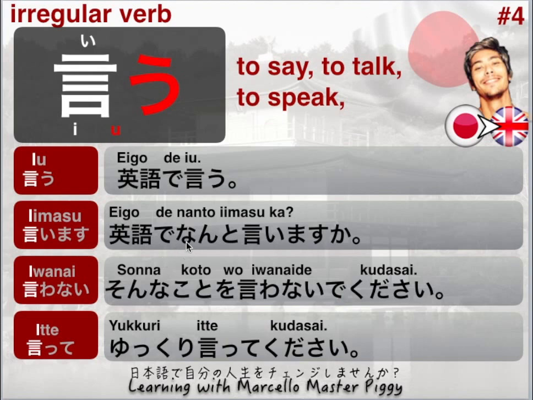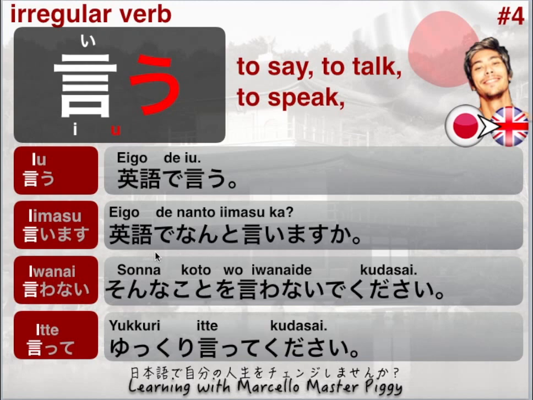Let's have a look. Eigo de nan to iimasu ka? Eigo de nan to iimasu ka? This means, how do you say it in English? Again the method here, in English, how. Nan to is like how do you say.